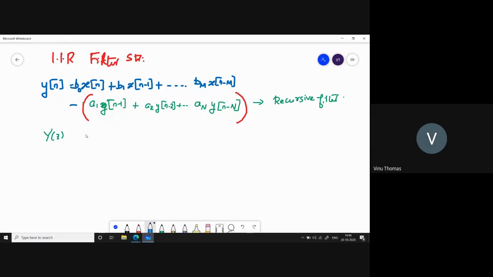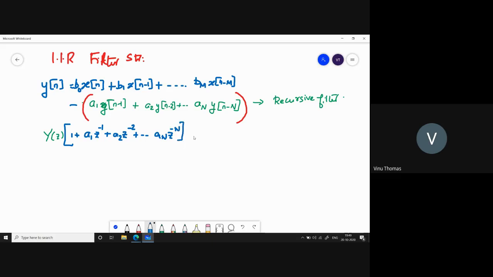So if I take these y terms to the left hand side and then take the Z transform throughout, then I can write Y of z into 1 plus a1 z raised to minus 1 plus a2 z raised to minus 2 plus etc. up to an z raised to minus n.